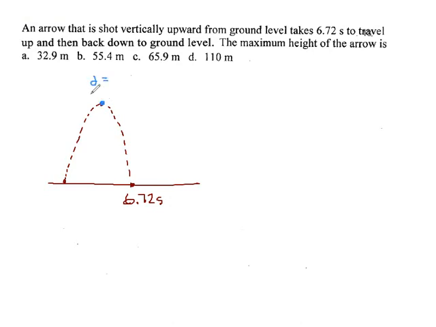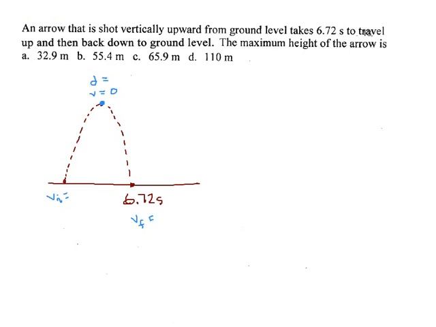D equals question mark. We know our velocity is 0 up there. That's the point where the arrow has stopped rising and is just about to begin falling. And they never do give us an initial velocity, so we're kind of out of luck on that. We don't know our final velocity here, so bit of a problem.